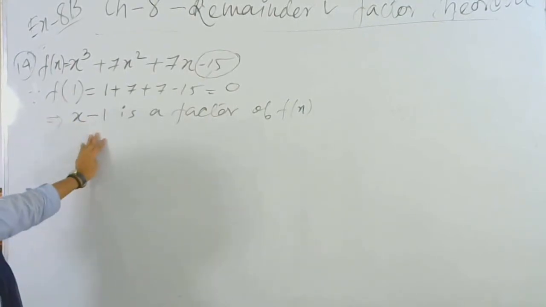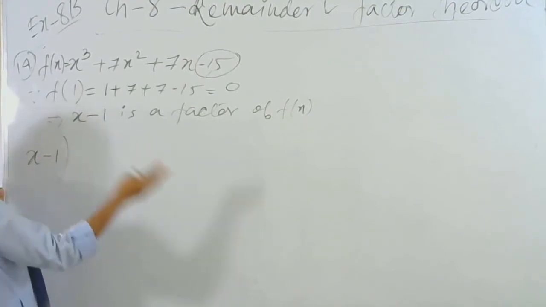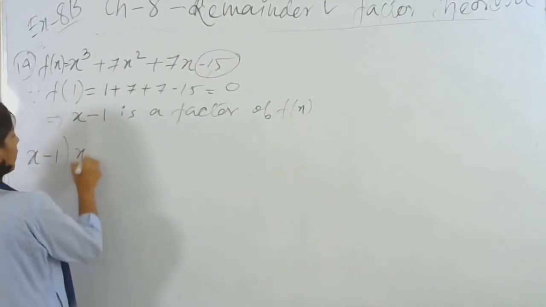Now you know one factor, right? Now when you know one factor, you can find the other factors using the same process, that is, by the division method.